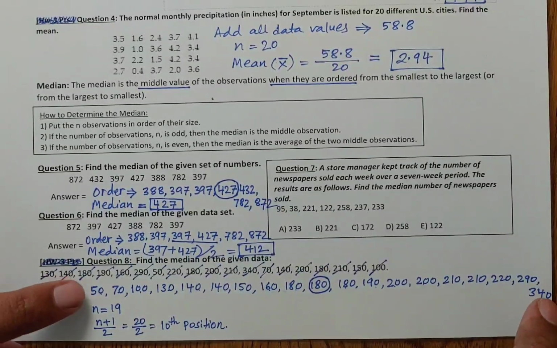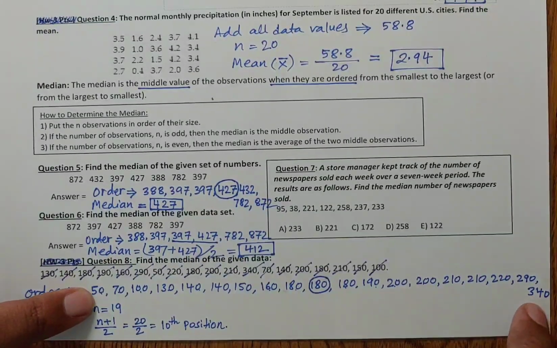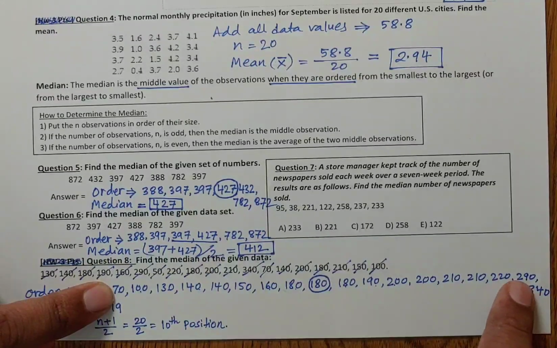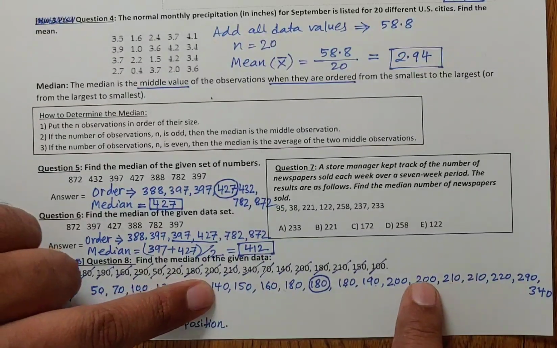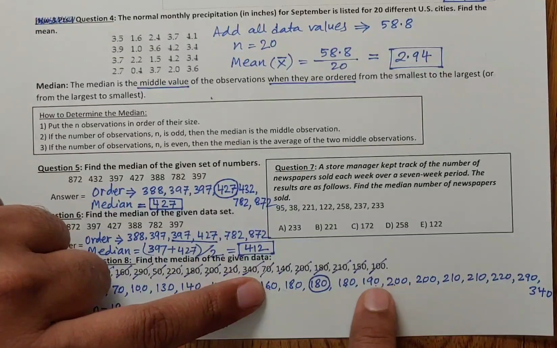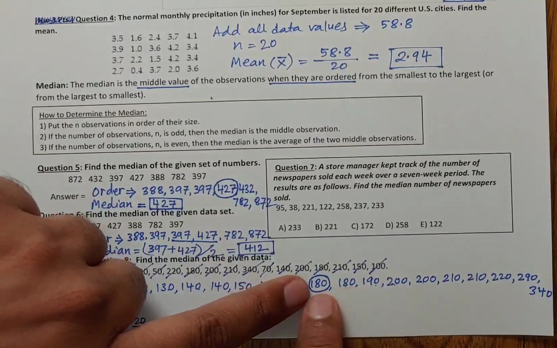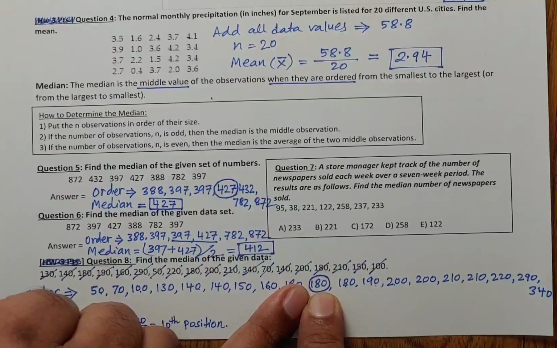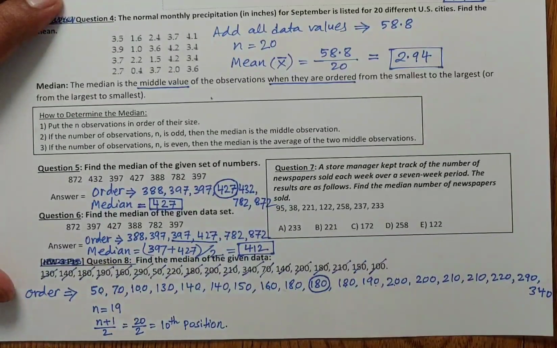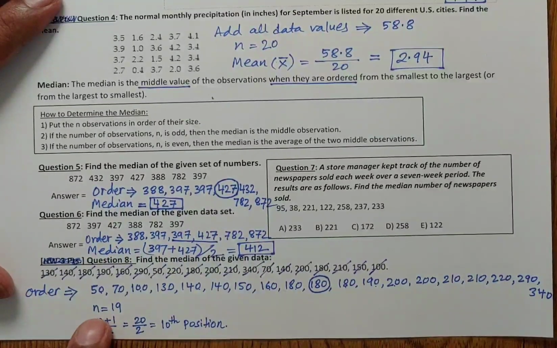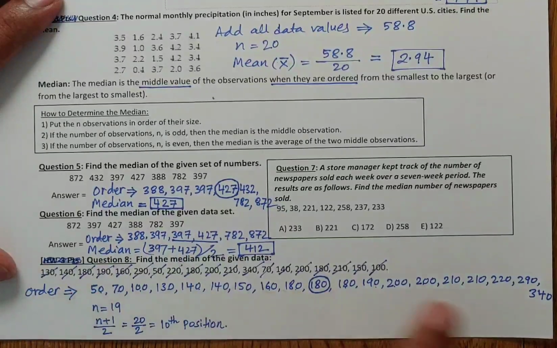You can count it this way, step by step: you take the first and the last one, and then you go one step in, then 2 steps, 3 steps, 4, 5, 6, 7, 8, and you end up with the same number in the middle. But sometimes when your data has many entries, this is the best way to count: you count the total number, and if there are 19 numbers, you add 1 and divide by 2, and that gives you the position.